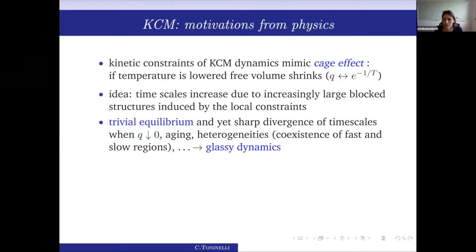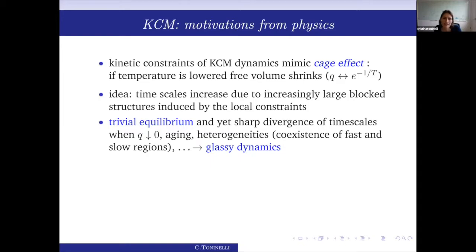The cage effect, very roughly, is the fact that if I have a liquid at low temperature, so at high density, molecules can prevent the motion of other molecules. So if I want to move, I have to wait for the cage formed by the neighbors to open in order to move.